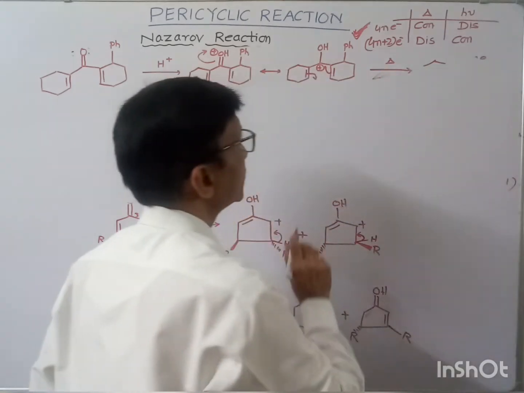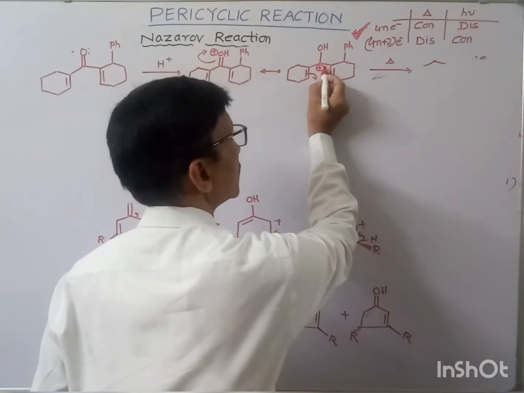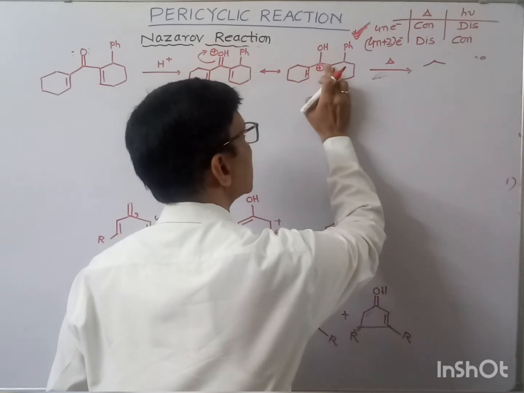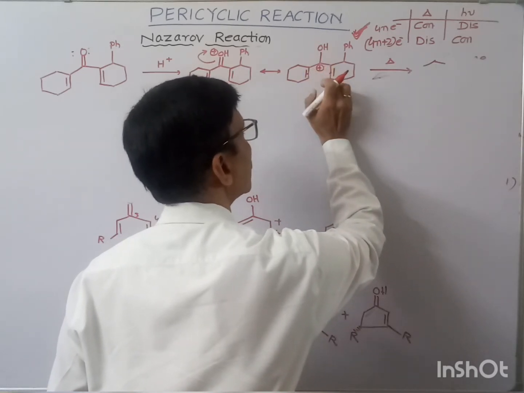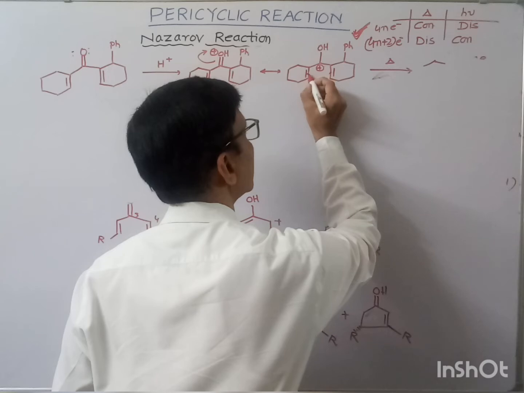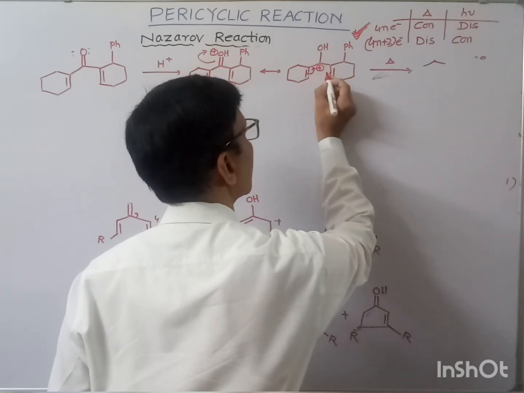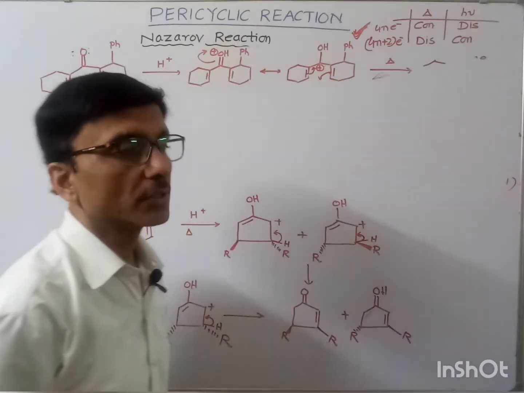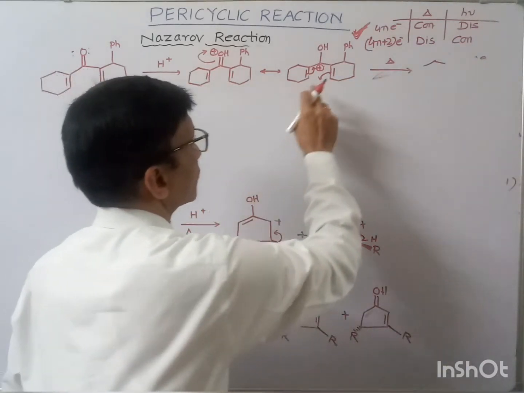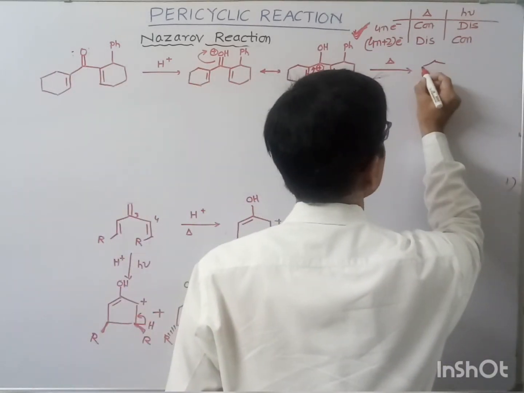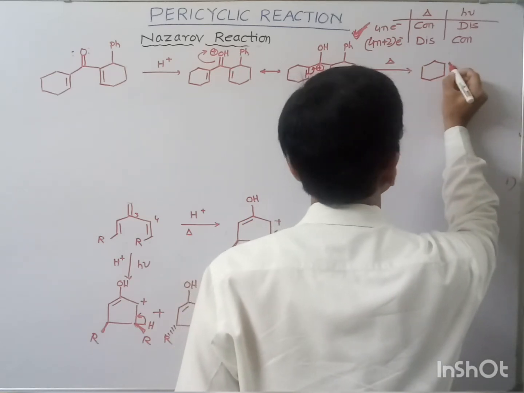This is one of the possibilities, that the double bond comes at this position, and another possibility is that the double bond may come here. Okay, so in this case what should be the product?